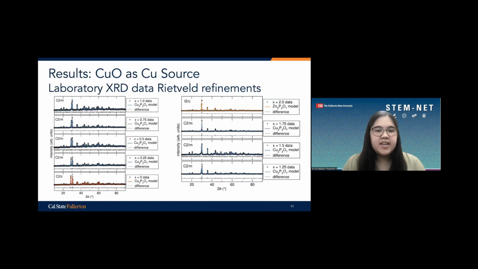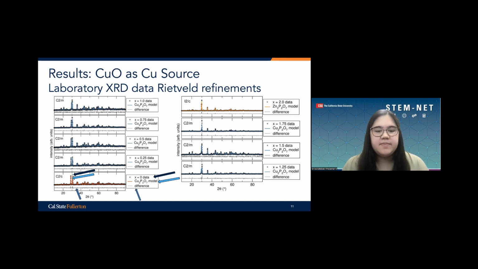So for my data, first I use Rietveld refinements using the lab XRD to get a sense if I have made the right thing or not. And with this, first I look at my data, which is represented in the black circle, and compare it to this model structure, which is colored here in red. And we try to look if my data is able to overlap with the model structure, which it does.